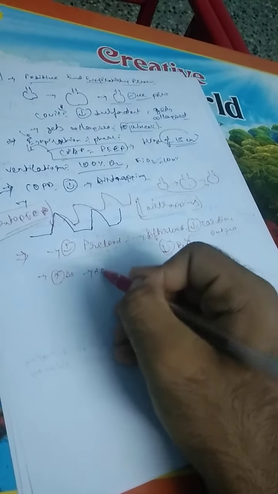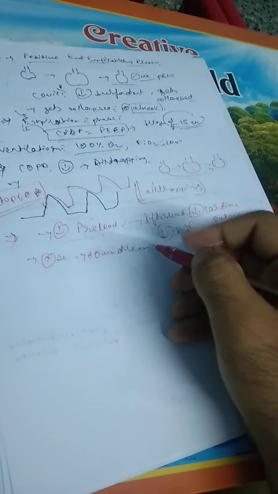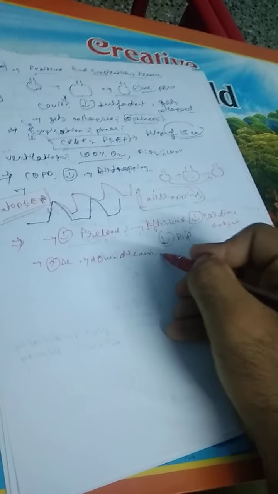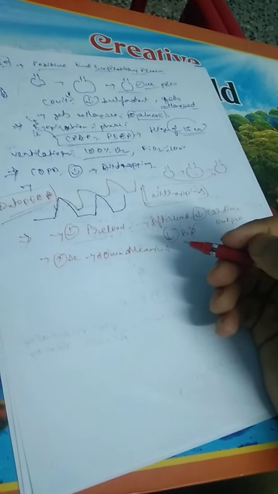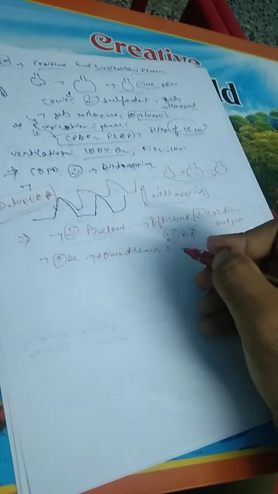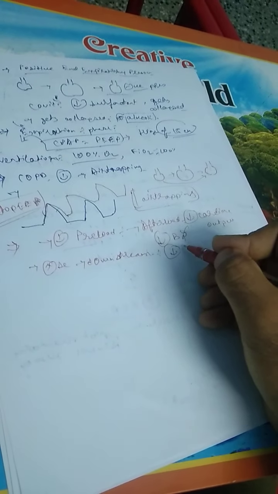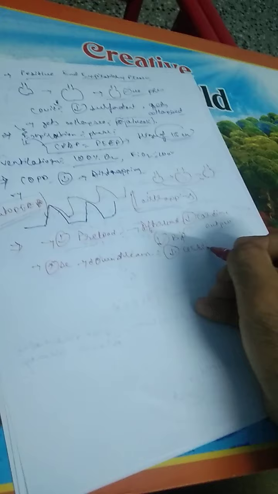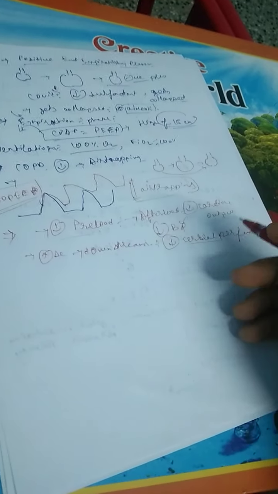It would create a sort of block for the easy flow of blood from the brain to the heart, and decrease the cerebral perfusion. So the intracranial pressure, the ICP, can also change.